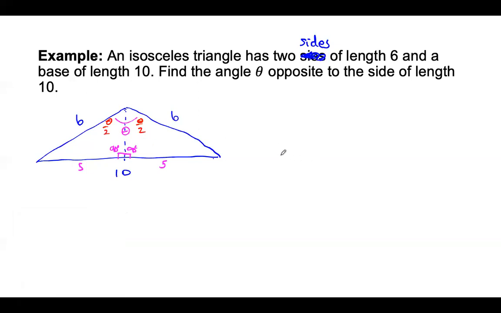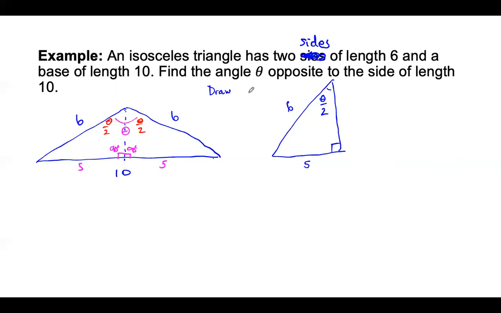So let me redraw it. Triangle. So we have 6, 5. This is theta divided by 2. Let me make a little note.